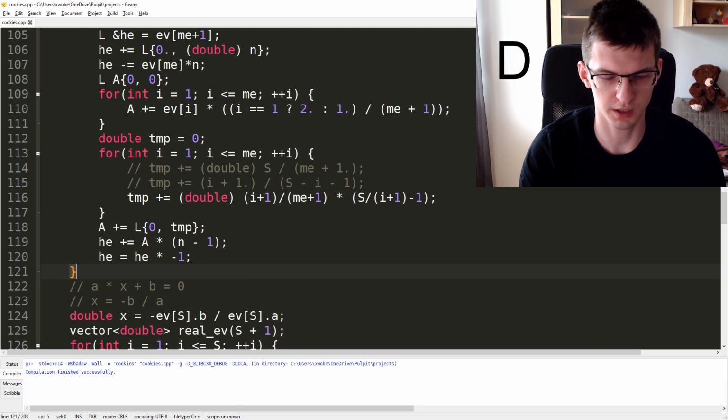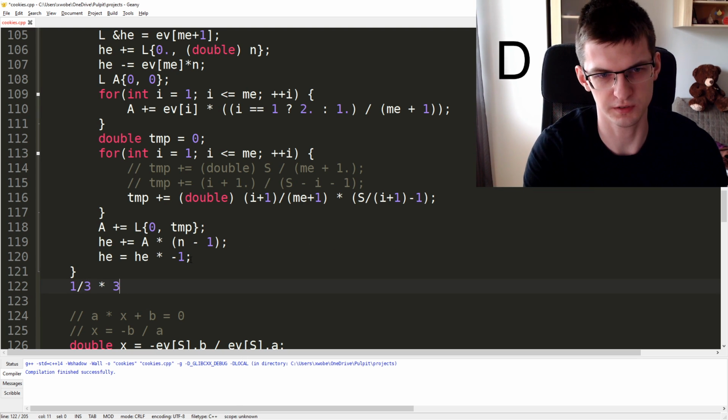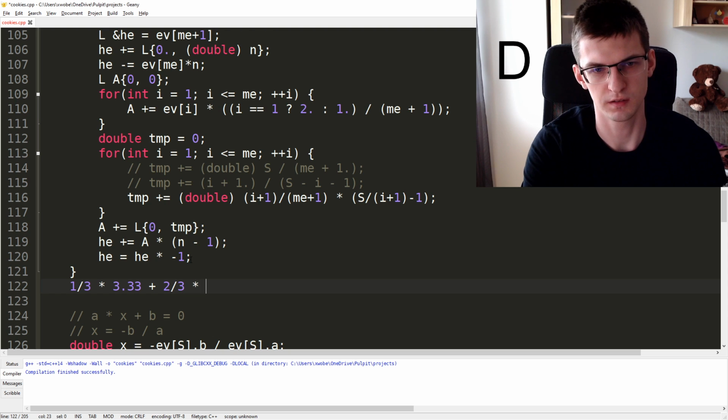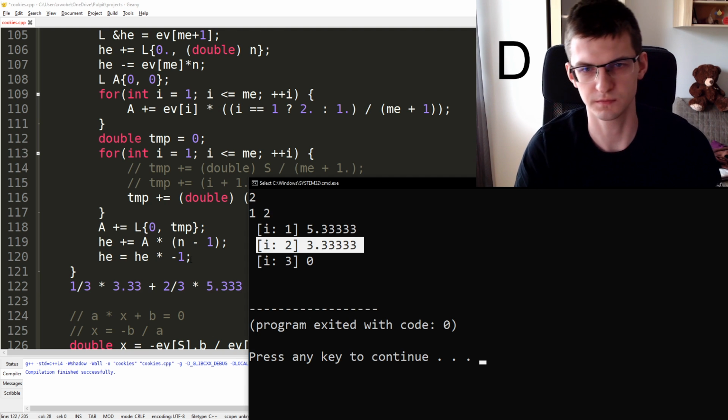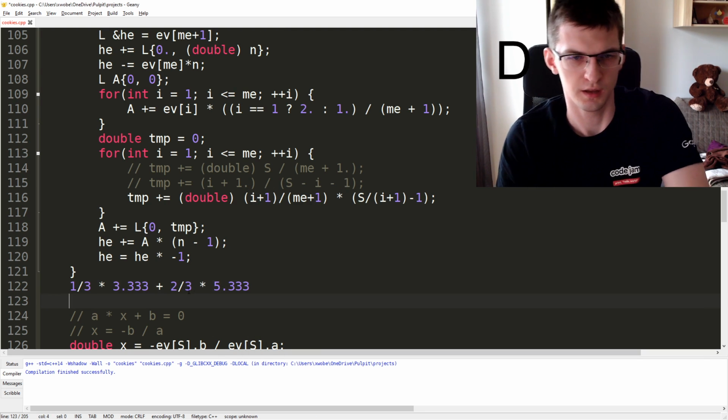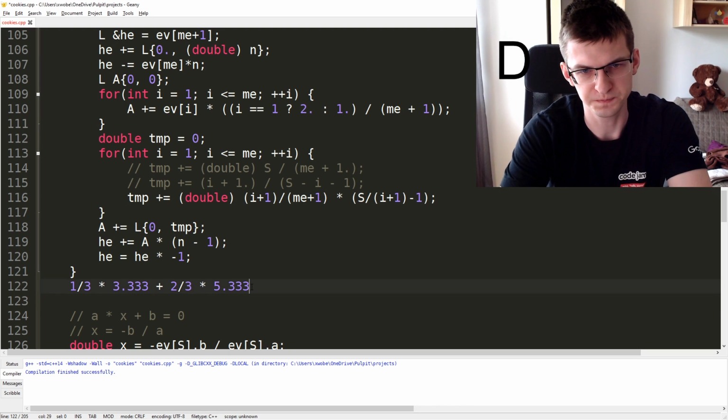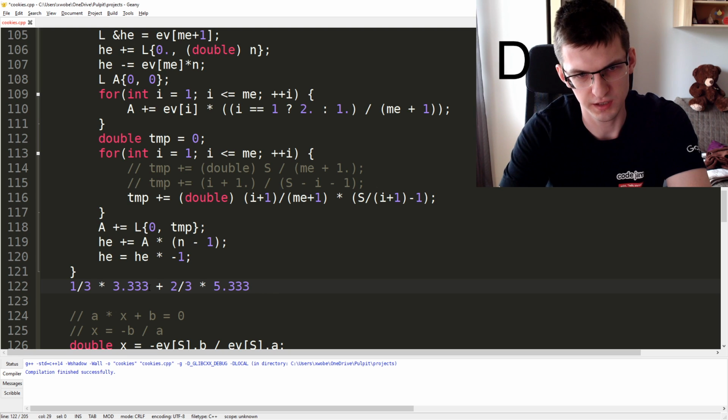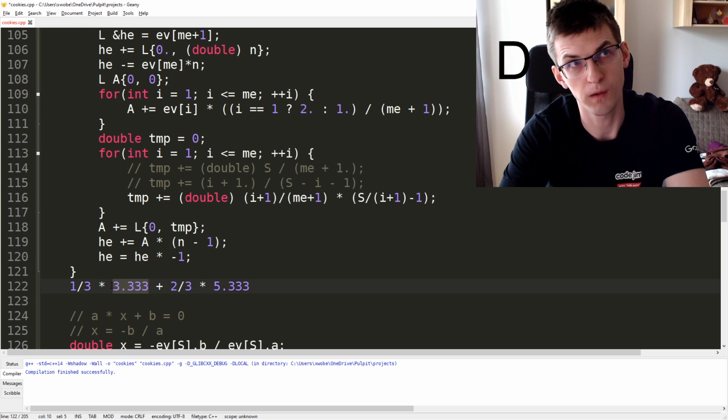Then we claim here that the answer is 1/3 times this, times that. This should compute the answer for the whole problem. And that would give us 10.6 plus this, 14 over 3.